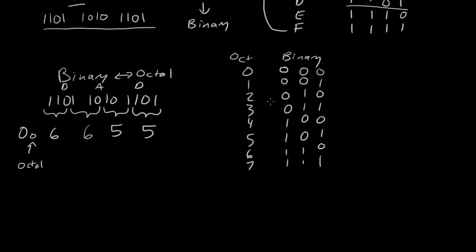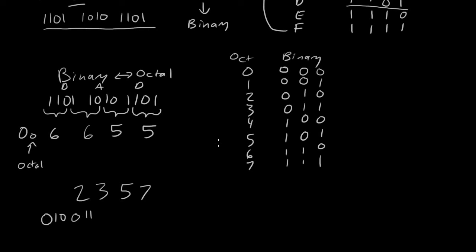Like if I had an octal number, say 2, 3, 5, 7, let's convert that to binary. It's just look up and plug and chug. So 2 is 0, 1, 0, which is this guy over there. 3 is going to be 0, 1, 1.